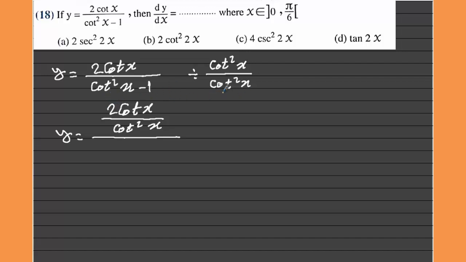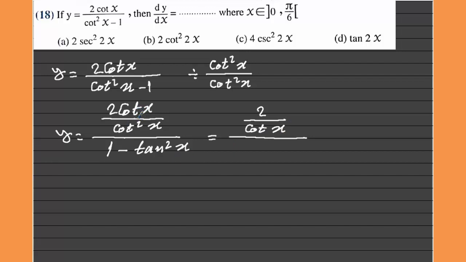Cotan square divided by cotan square equals 1, minus 1 divided by cotan square is tan square x.